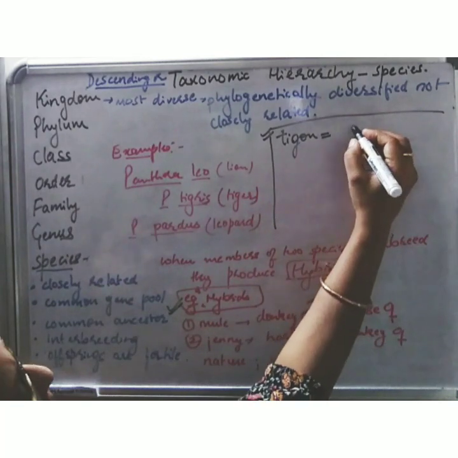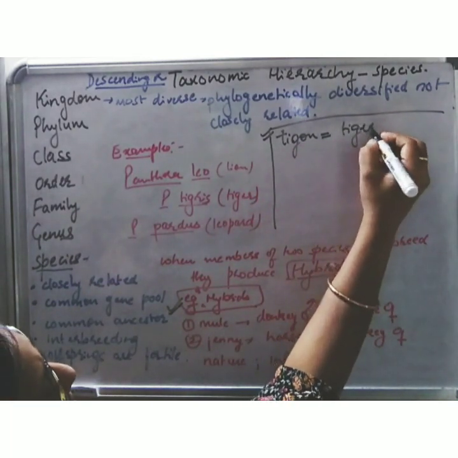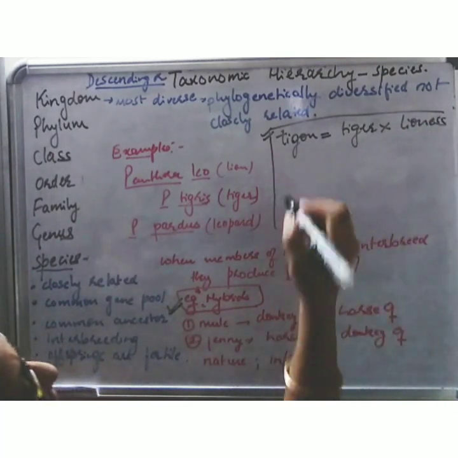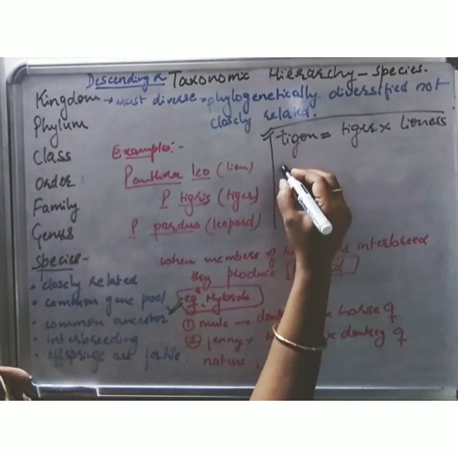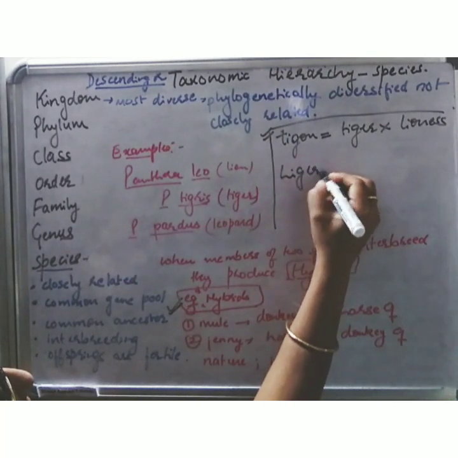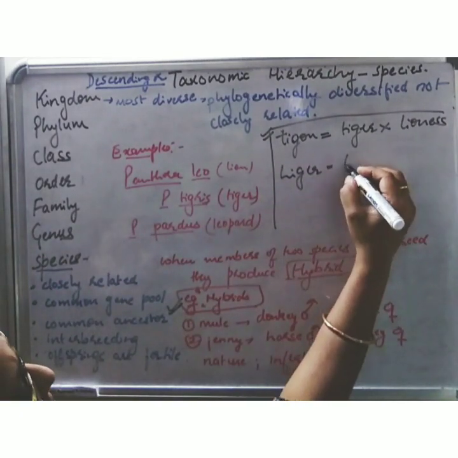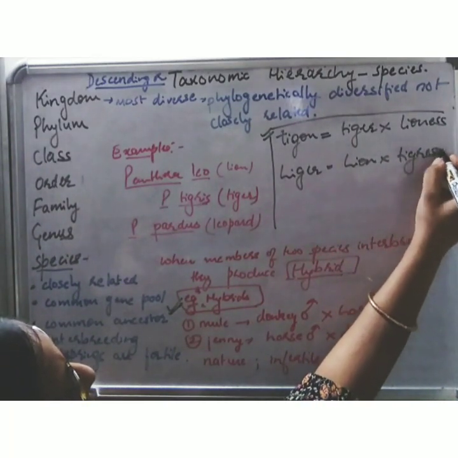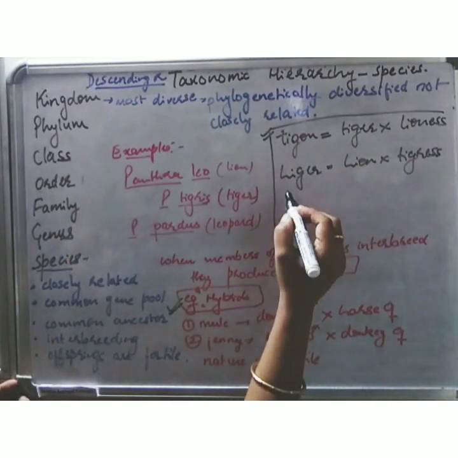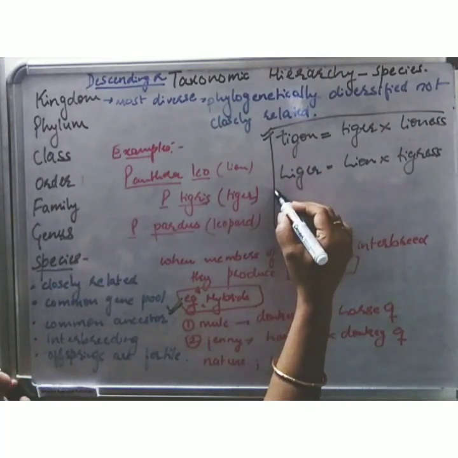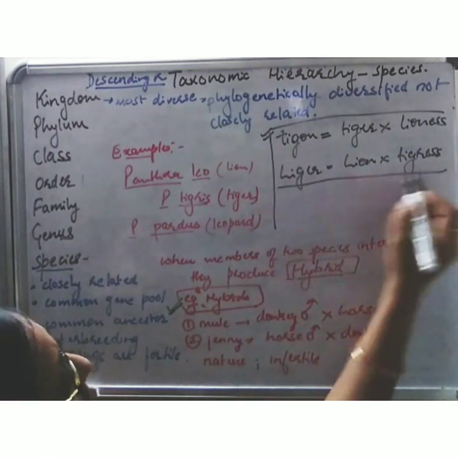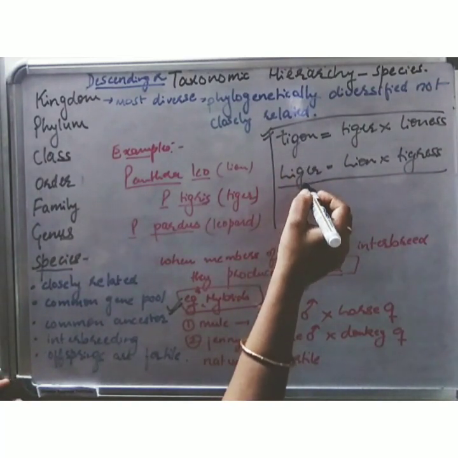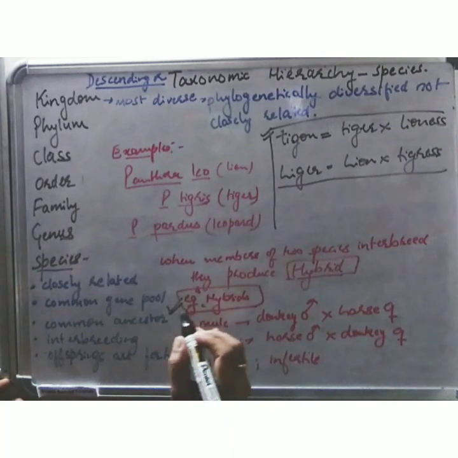Tigon is a cross between a tiger and a lioness. And another one, liger. Liger is a cross between a lion and a tigress. But both these tigon and liger do not breed naturally. This hybrid is not a natural hybrid.